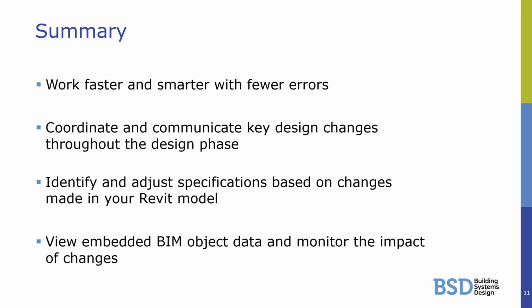We covered the coordination and communication of key design changes throughout the design phase. We discussed the identification and adjustments of specifications based on changes made in the model. And we also talked about being able to view that embedded BIM object data and monitor the impact of those changes as the design progresses.